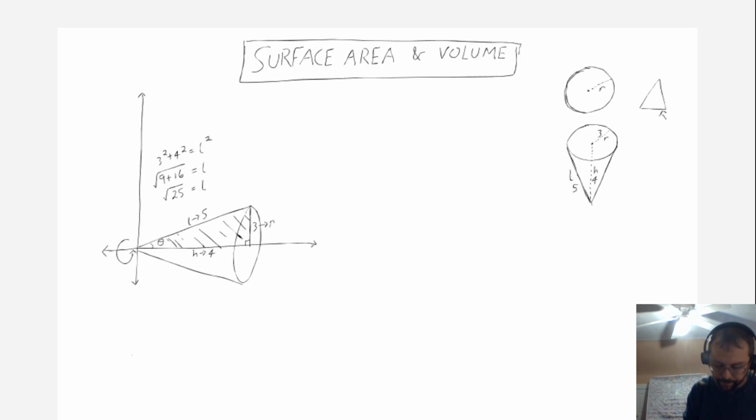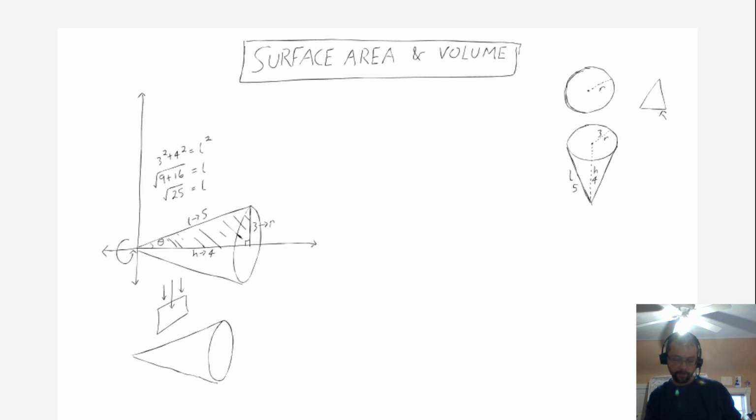If we imagine this cone, once again, this is supposed to be the same cone. And say this cone is made of clay, and we take a razor blade and we push it downward, perpendicular, nice and straight.